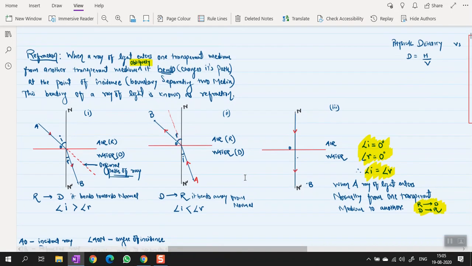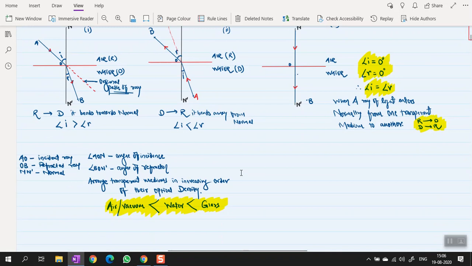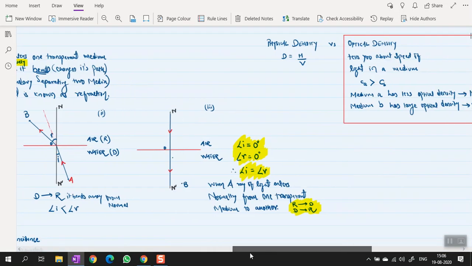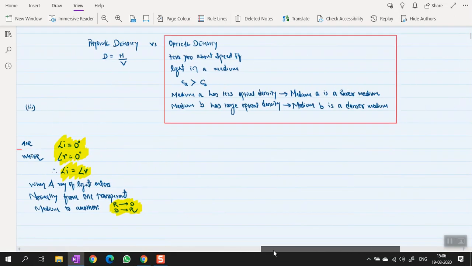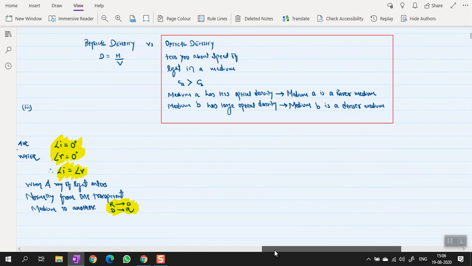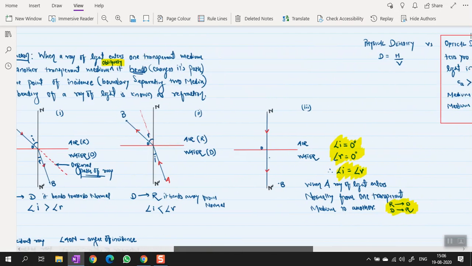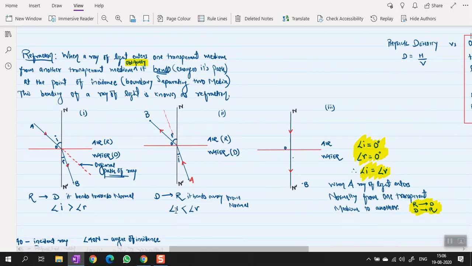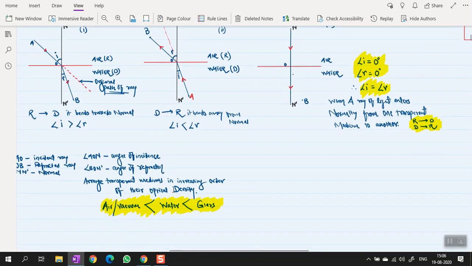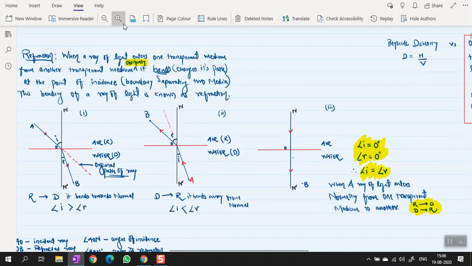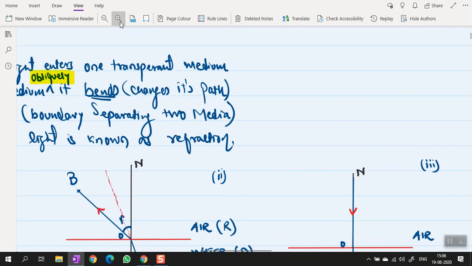We understood what was incident ray, refracted ray, angle of incidence, angle of refraction, normal at the point of incidence. We understood what was optical density and how different it is from physical density. Then we understood the characteristics which the ray of light exhibits when it enters from one transparent medium to another. So all these things we have learned up to now.